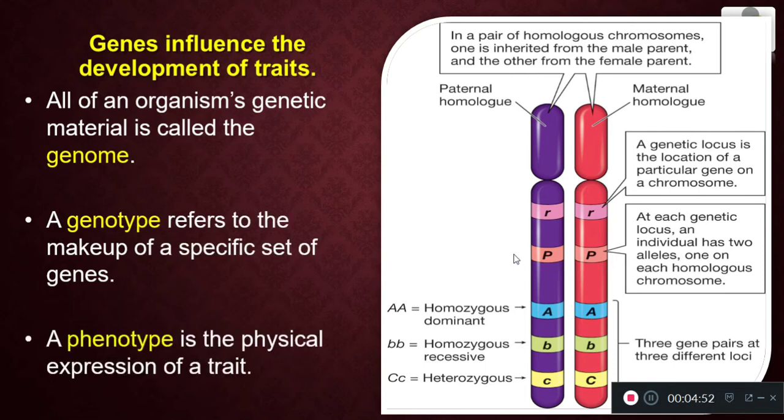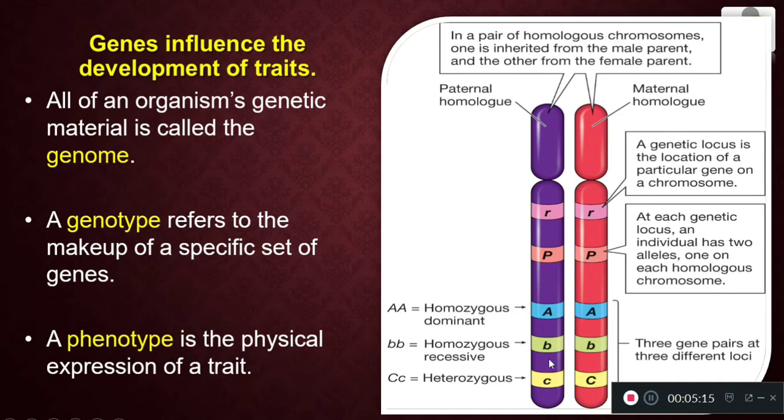The combination of alleles that you inherit from the parents, we name the genotype. So what does genotype refer to? The makeup of a specific set of genes, the combination of alleles at a specific locus. Maybe you inherit the same alleles, like small r, capital P, capital E, capital A, small b.